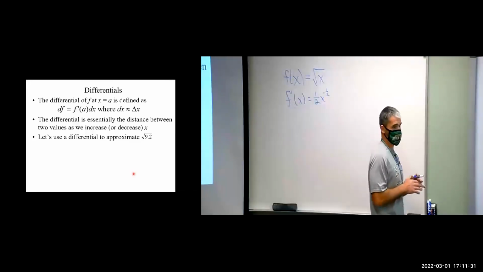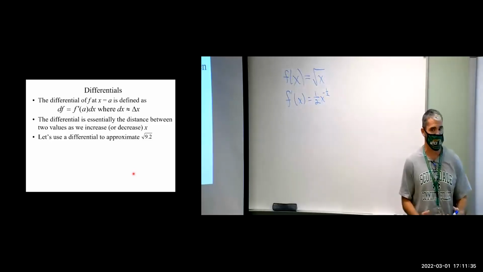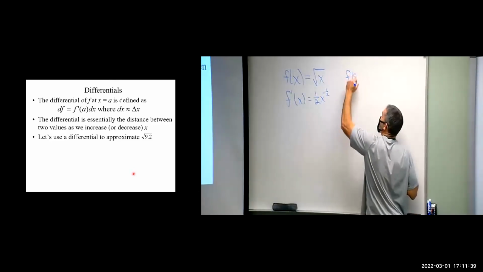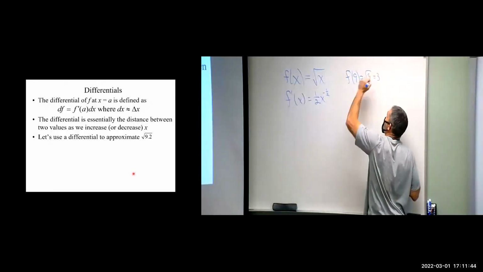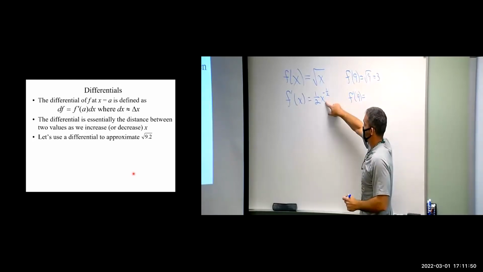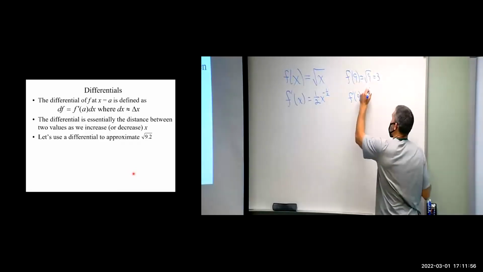Instead of evaluating at 9.2, we're going to evaluate at 9, because 9 is a perfect square. So f of 9 is square root of 9, which is 3. And f prime of 9 is 9 to the negative 1/2, that's 1 over the square root of 9, which is 1/3 times 1/2, so 1/6.